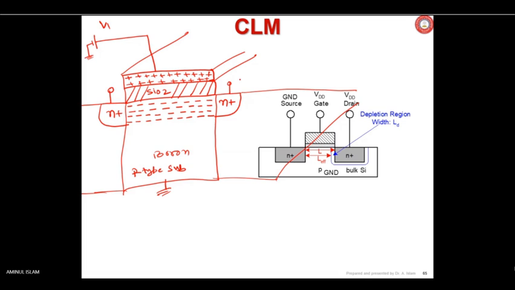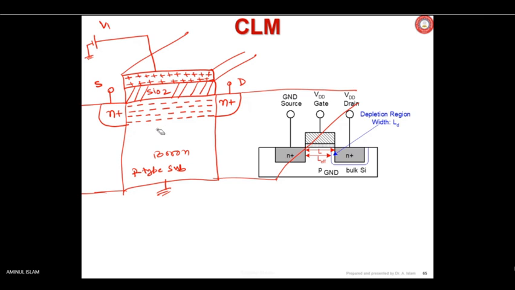This side, instead of A, let me write D. This side, instead of B, I am writing S. Source, because electrons are moving in this direction, source of electrons. And the right side is D because it is draining the electrons supplied by the source.